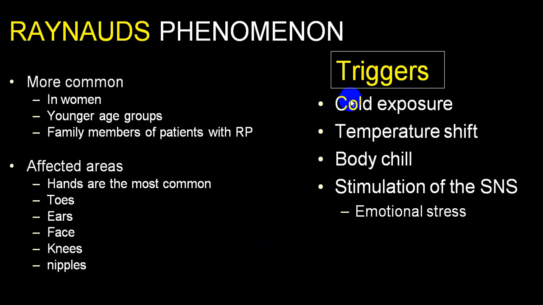These are all the triggering factors: cold exposure, stimulation by emotional stress, etc. And these are the areas which can be affected: toes, ear lobules, face, knee, nipples, all those things can be there.